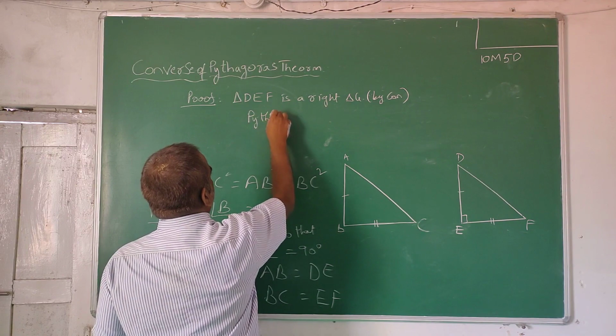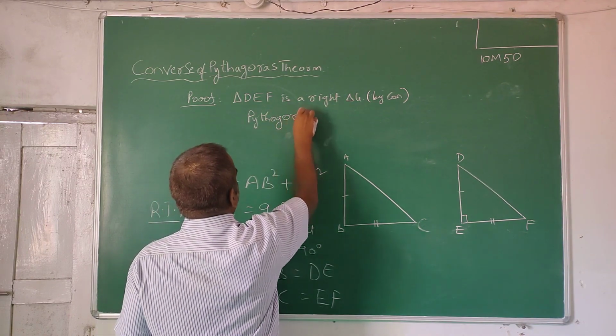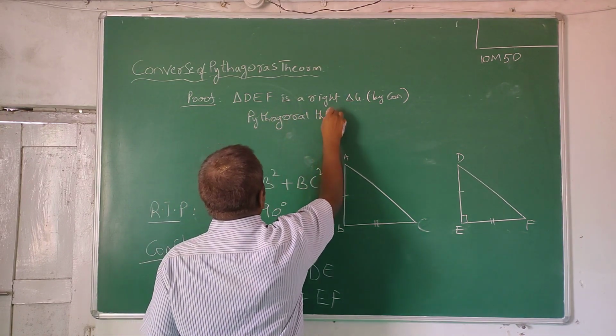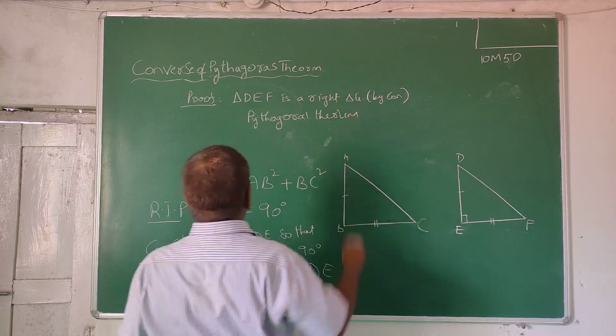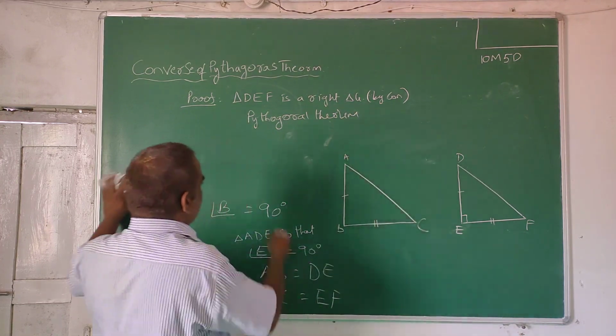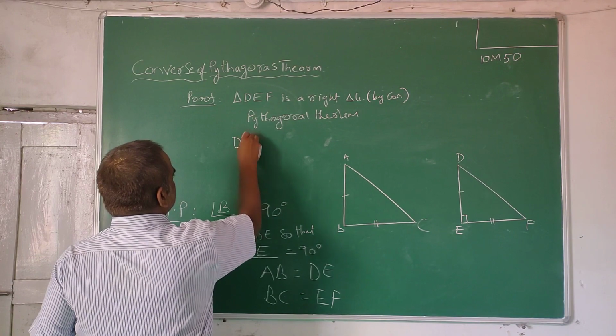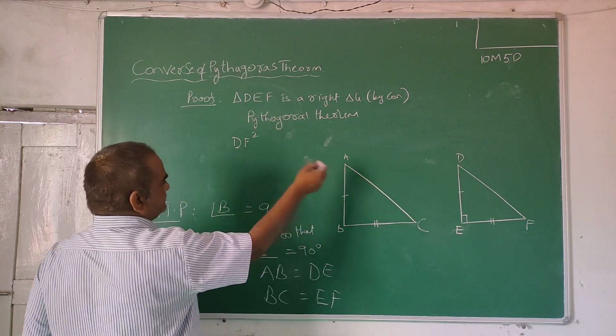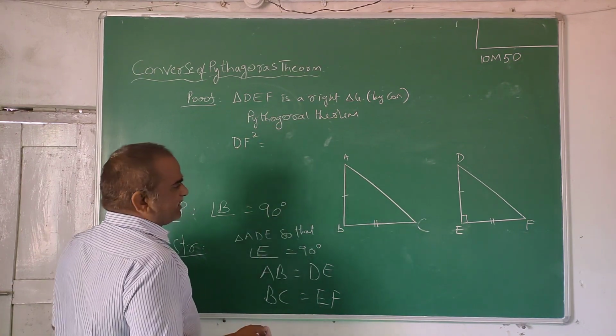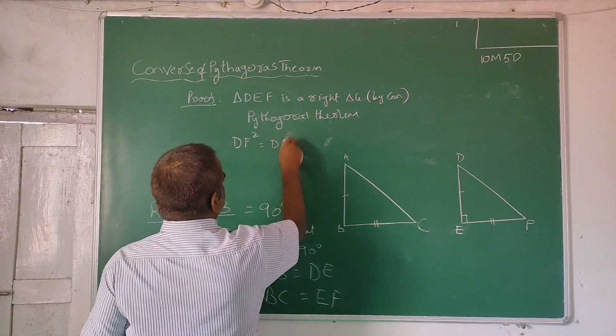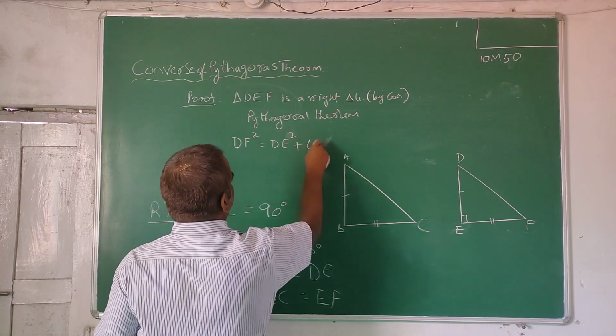So by Pythagoras theorem, the square on the hypotenuse, DF square, is equal to the sum of the squares on the other two sides, so DE square plus EF square.